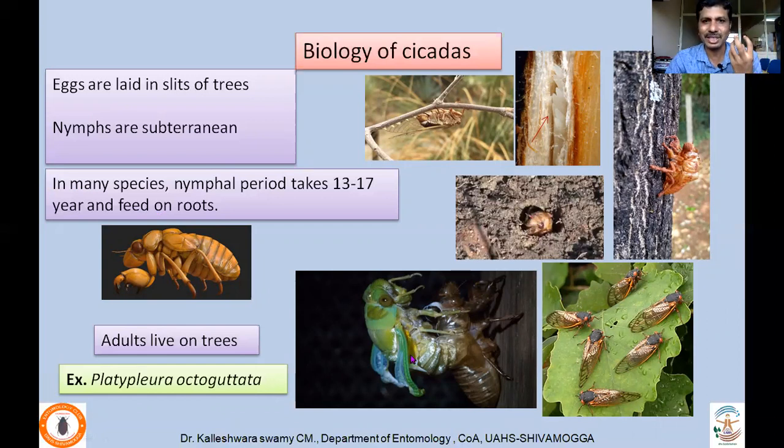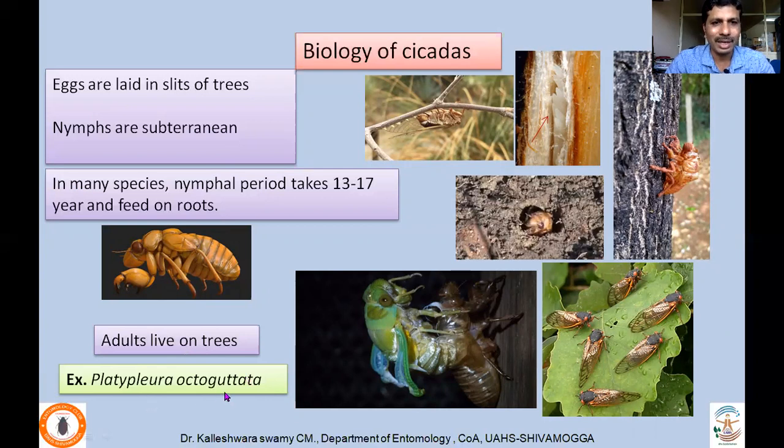When they are ready for emergence, they crawl to the tree surface and emerge as adults like this. Adults usually live on the trees making sound. Males make the sound, females get attracted, and they mate and continue their reproductive life. So adults live on trees.